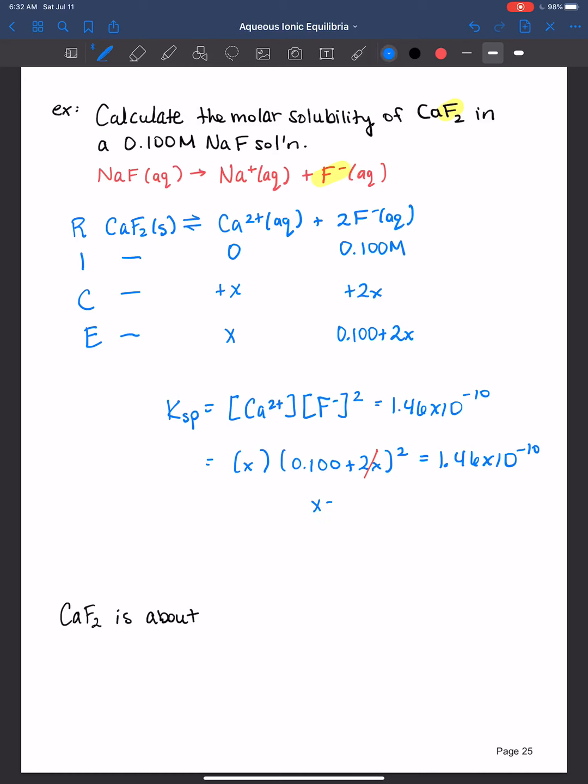And when I do so and solve for x, I get 1.46 times 10 to the negative 8th molar. And so this is the molar solubility of calcium fluoride in 0.1 molar sodium fluoride solution.